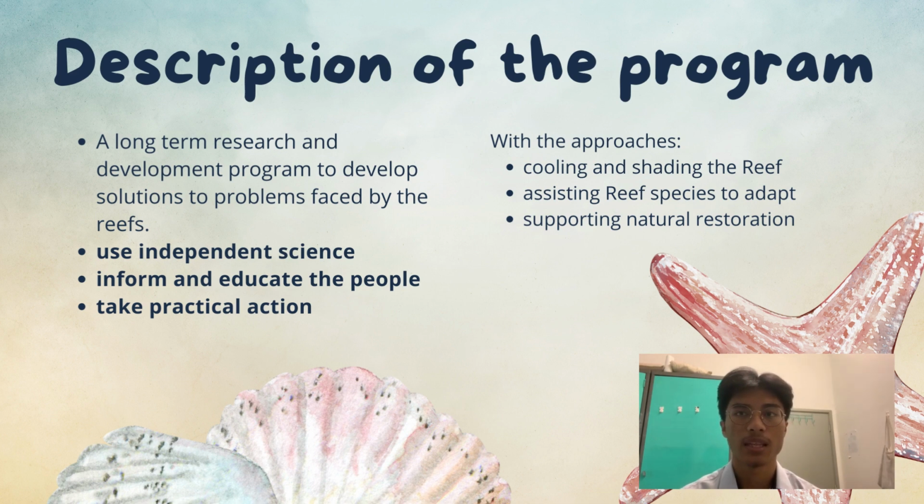Next is assisting the reef species to adapt to the changing environment so that the species won't be easily affected by climate change. And lastly, supporting natural restoration of damaged and degraded reefs.